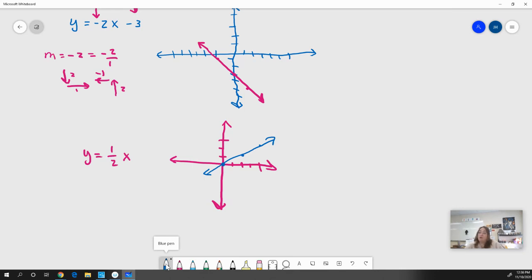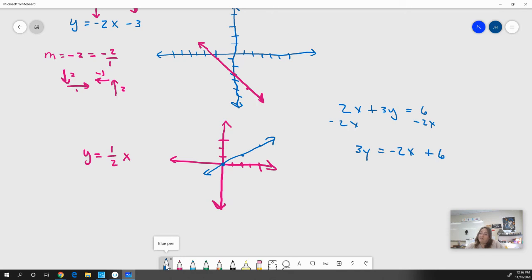Remember, sometimes you're not going to be given slope intercept form. And last week you had an assignment where you were going from standard to slope intercept form. So if you got something like 2x plus 3y equals 6, just make it go into slope intercept form. Just translate it. Subtract your 2x from both sides, right? It's going to give me 3y equals minus 2x plus 6.